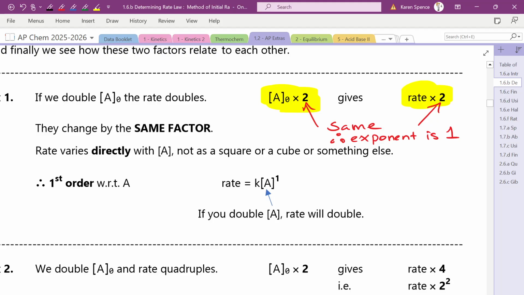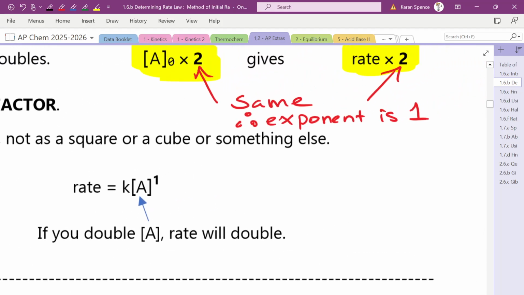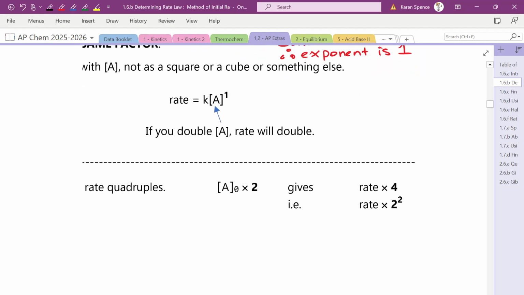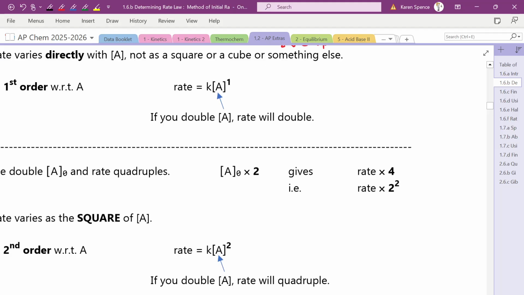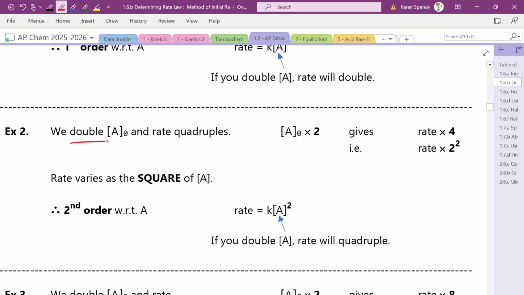So this is first order with respect to A. Our rate law would look like rate is equal to k times the concentration of A raised to the power 1. If you double the concentration of A, the rate will double.